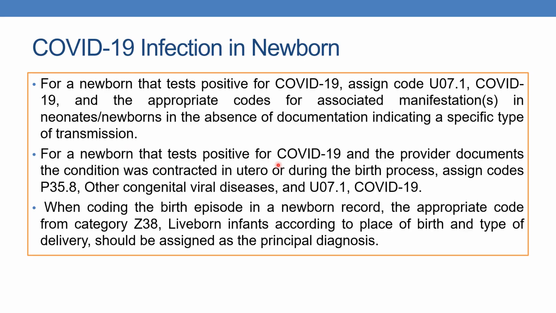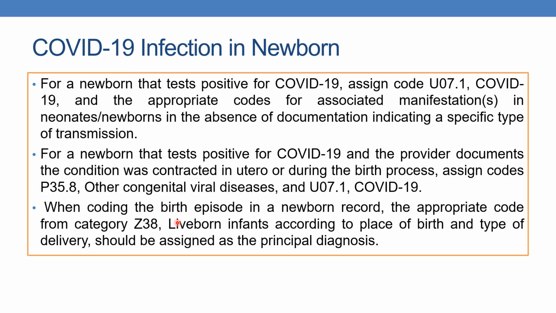And for newborn that tests positive for COVID-19 and the provider documents the condition was contracted in utero or during the birth process, then first you need to assign code P35.8, other congenital viral diseases, followed by U07.1.